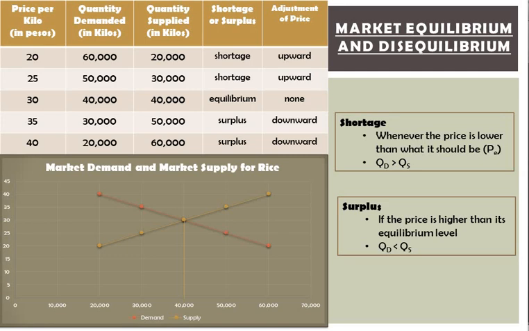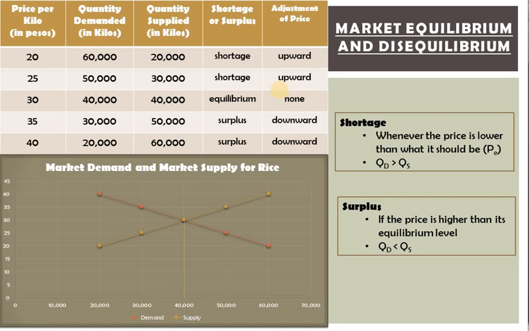Okay. So, ano pong nangyayari sa ating market kapag po hindi nag-meet ang quantity supplied and quantity demanded? So, this graph came from the previous slide. This one shows the reasons, okay, through this table.